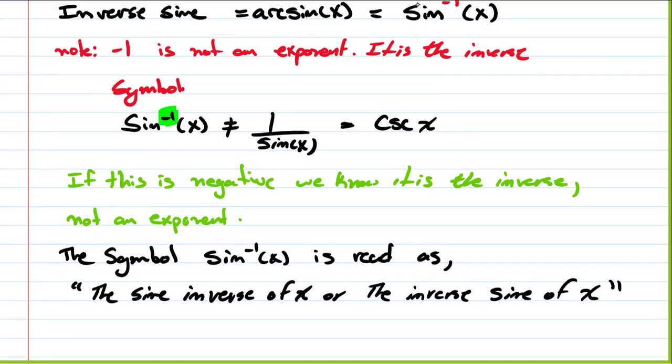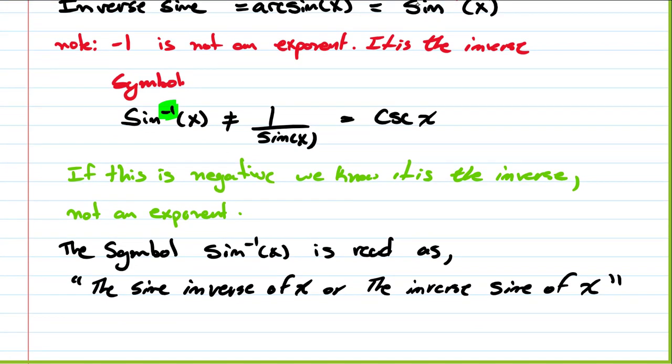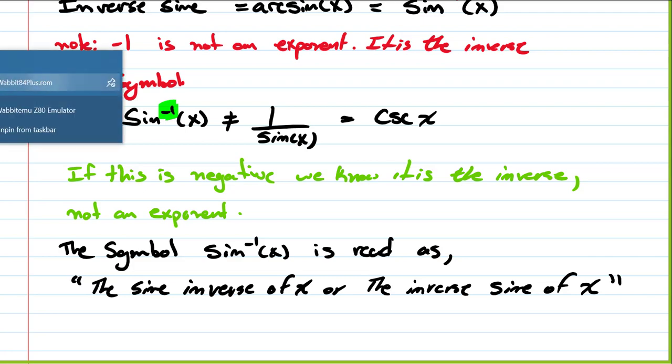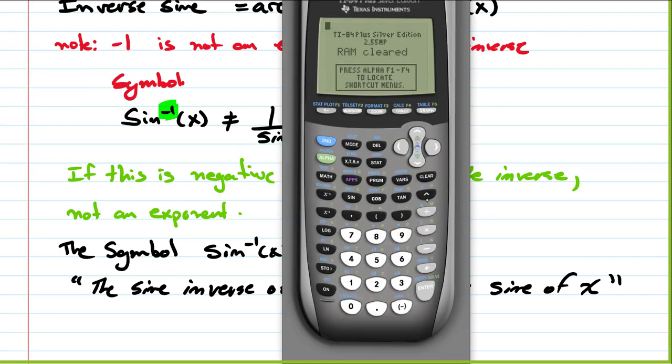So same gotchas that we had when we were talking about functions, but we know if it's negative that with trig functions, we're always talking about the inverse. It will never be the reciprocal. And we know that because if we want to represent a reciprocal function with sine, they all have their own symbols. So it's worth mentioning, if you look on your calculator, you'll notice when you look at your trig functions, sine, cosine, and tangent all have the -1s. Those will be your arc functions or your inverse functions for sine, cosine, and tangent, respectively.